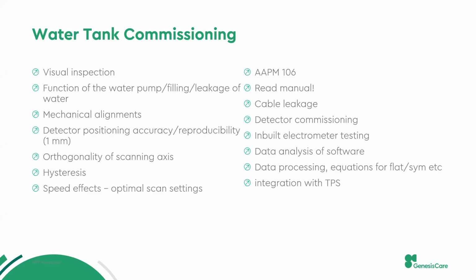And then, as you discussed, water pumping, leakage, alignments, hysteresis, all the stuff you mentioned. You will put a detector, check the limits and step size, increase, decrease, and see the effect of changing the step sizes and the speed on the scans.